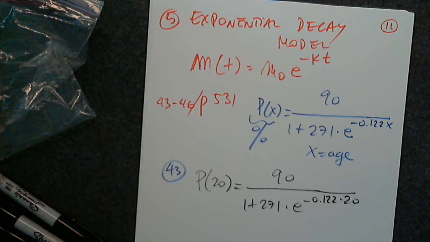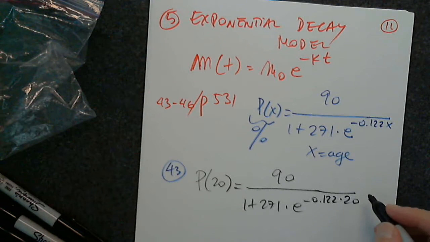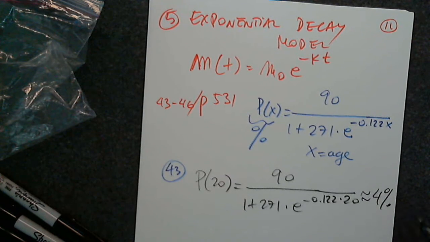Close the parenthesis for the numerator, the power, and then for the denominator, and press enter. About approximately 4%. And this is expected. At 20 years old, no one should have any issues with the heart. So this is expected.